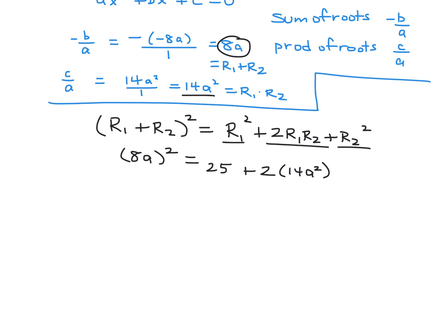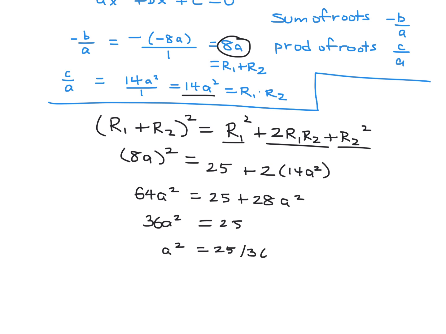Okay, so now this is fairly straightforward. This is 64a squared, 25 plus 28a squared. So what's that? 36a squared is 25. A squared is 25 over 36. And then when you take the square root, it would be plus or minus 5 over 6. So that's a pretty cool question.